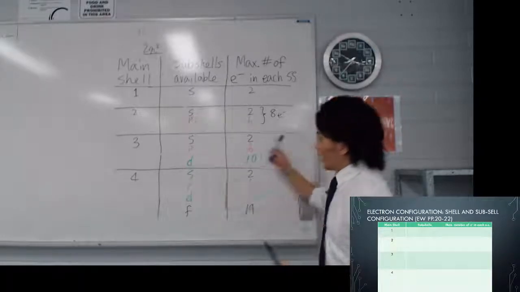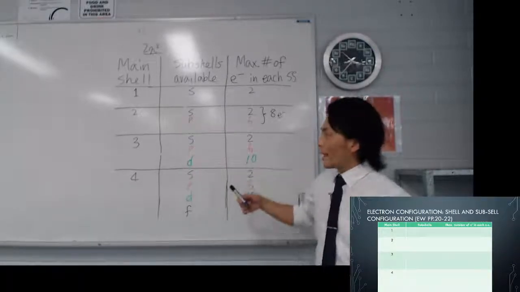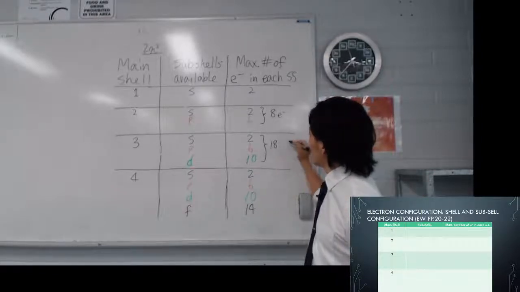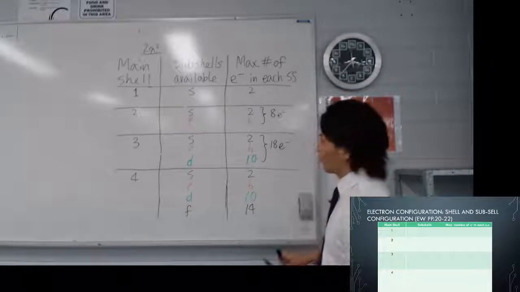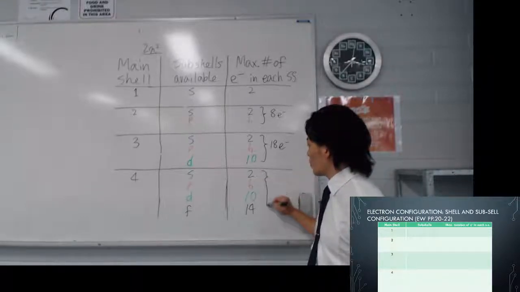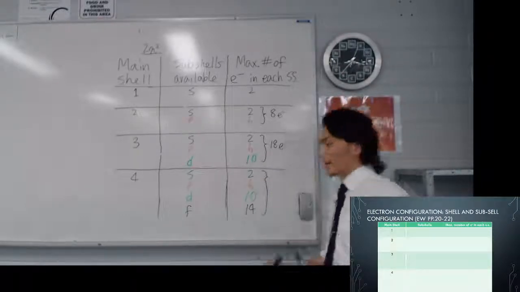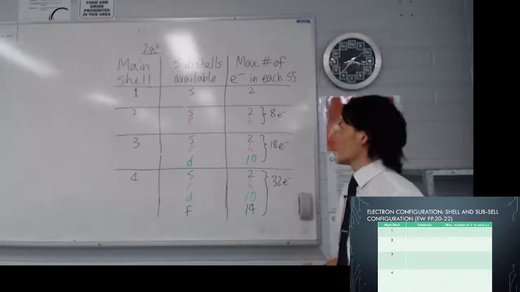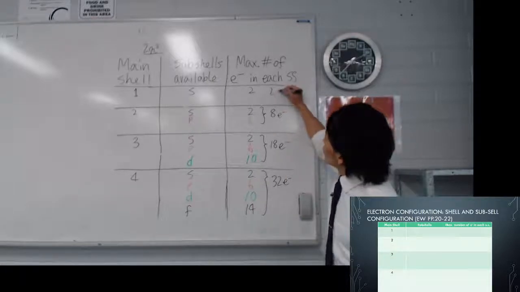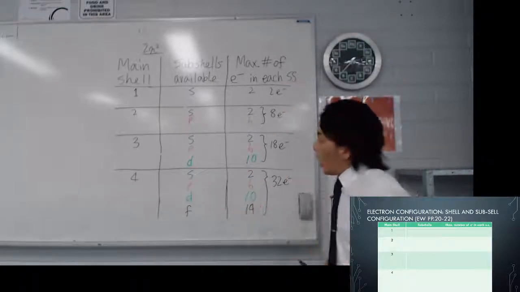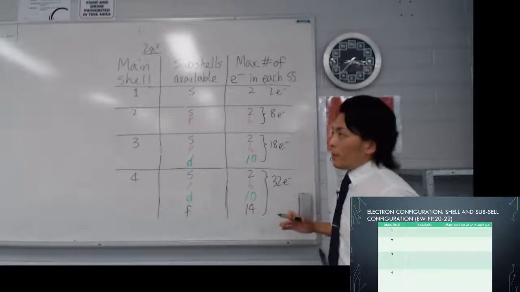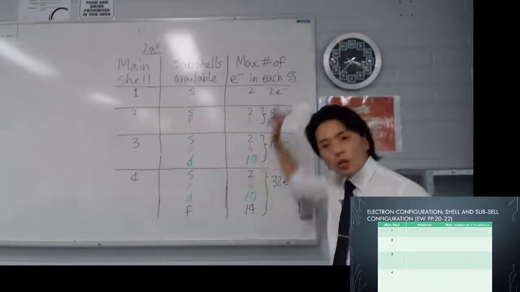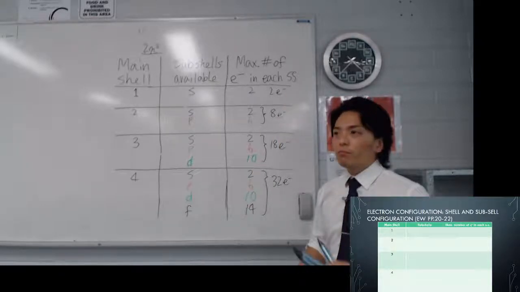Third shell, let's keep going. 2, 6, that's 8. And then if you add 10, you would get 18. Yeah. And if you add these up as well, you would be looking at 32 electrons for the fourth shell. Now, these numbers correspond to the addition of all these maximum numbers of electrons which can fit into subshells.